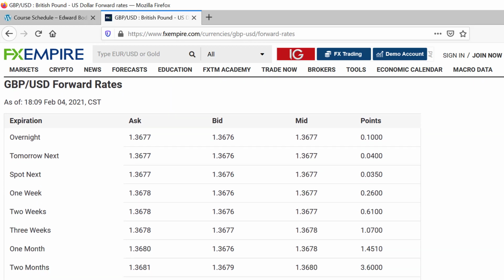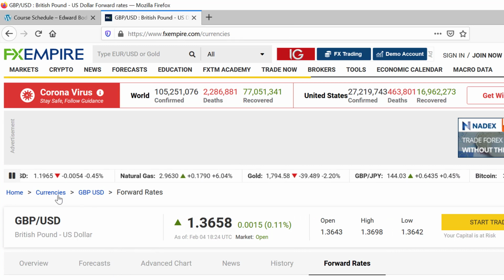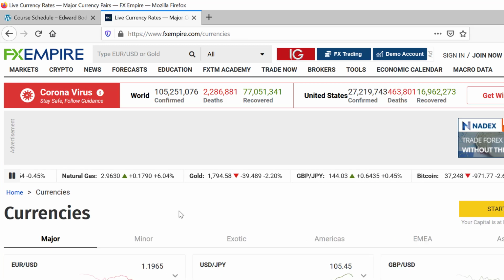Now, you can get forward rates. So this is the GBP and the pound and the USD, but let's get the USD and the euro, okay?